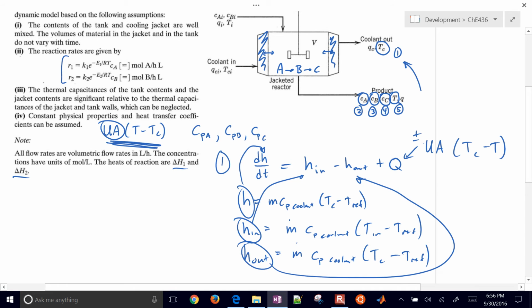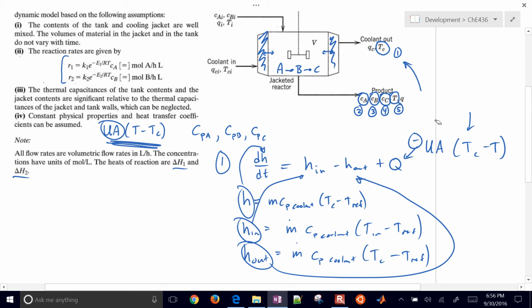So what I can do is always plug in: if my coolant temperature is higher, then I know that I'm going to be dropping in temperature in my coolant fluid. So then I would have a negative there. That just helps me; I always think about which one is higher and if it would decrease or increase the temperature, and then I put the sign right there.